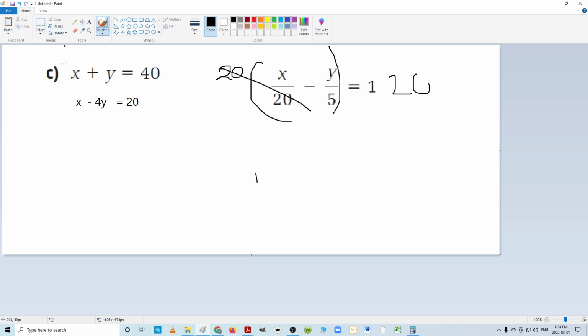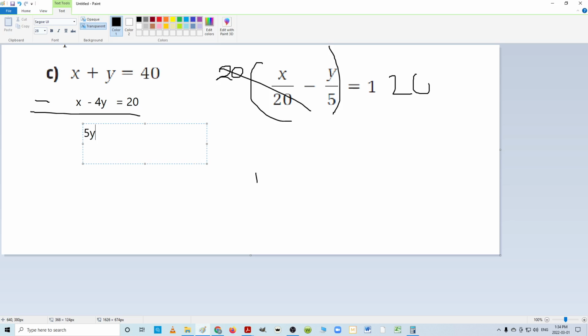So since the x's match in number and match in sign, I'm going to use minus. So the x's cancel. y minus minus 4y is 5y. 40 minus 20 is that. So y is equal to 4. And then since x plus y is equal to 40, I get this. So they meet at 36 comma 4. Don't mix up your x's and your y's.